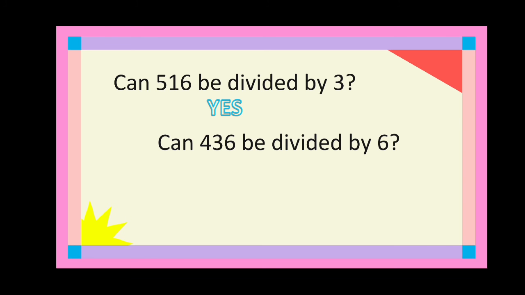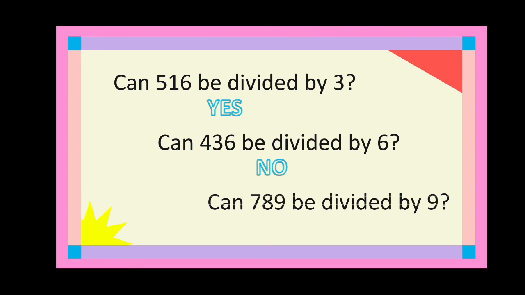Ngayon, i-add naman natin ang lahat ng digits. 4 plus 3 plus 6 equals 13. 13 divided by 3 equals 4 remainder 1. So dahil may remainder, that is not divisible by 3. So dahil divisible by 2 lang siya at hindi naman siya divisible by 3, hindi rin siya divisible by 6. So, it's a no.